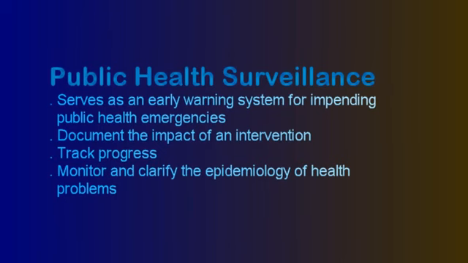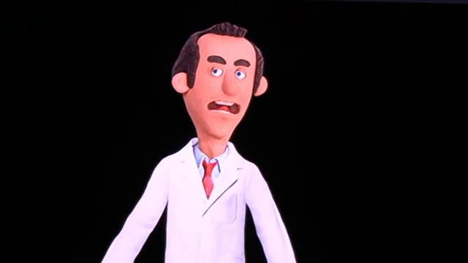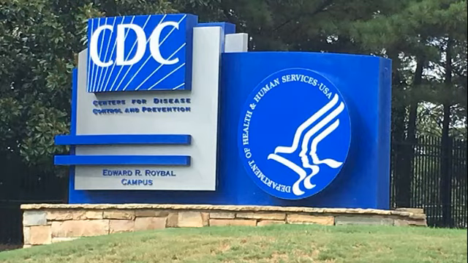In other words, public health surveillance may be used to track emerging health-related issues at an early stage, so as to find active solutions in a timely manner. In the US, we have an organization called the Centers for Disease Control and Prevention, better known as the CDC.